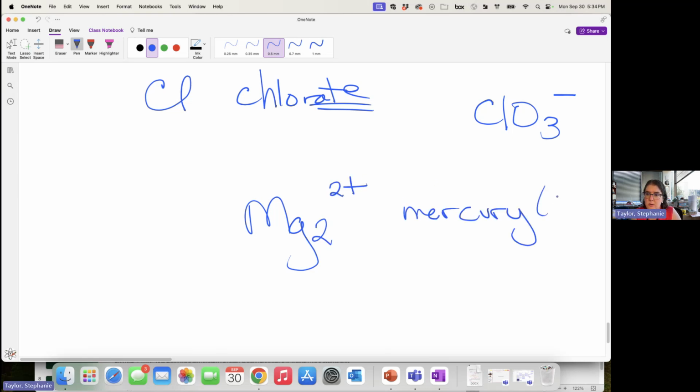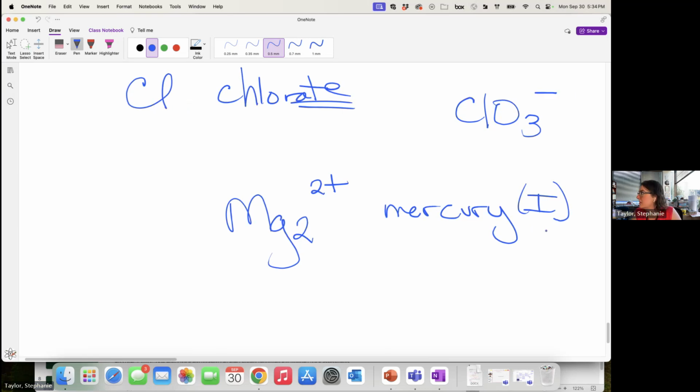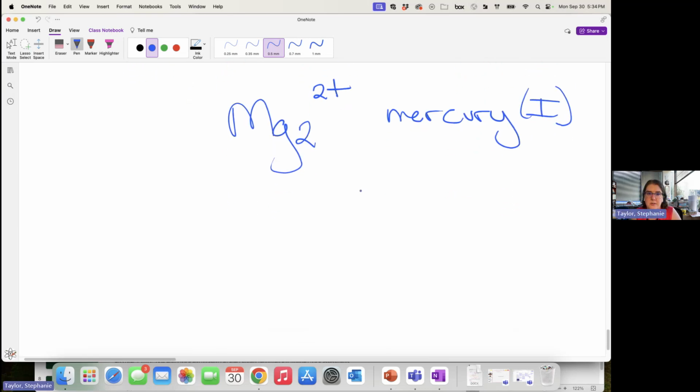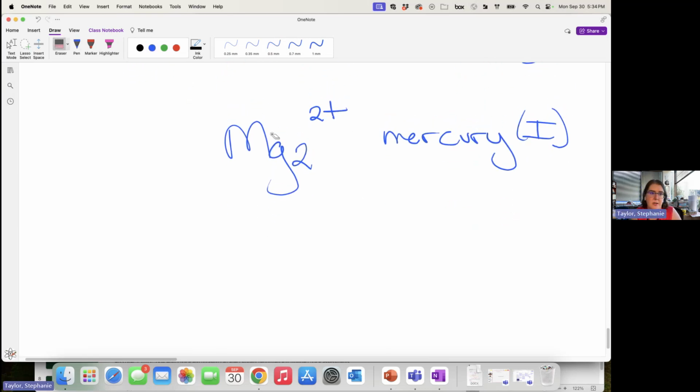This is mercury 1. Oh, that's not mercury. That's Hg. Hg. So that's mercury 1, and then the other one I believe is peroxide.